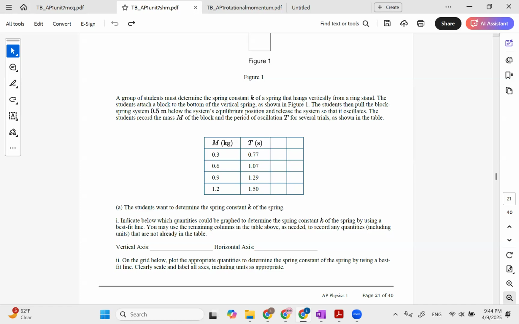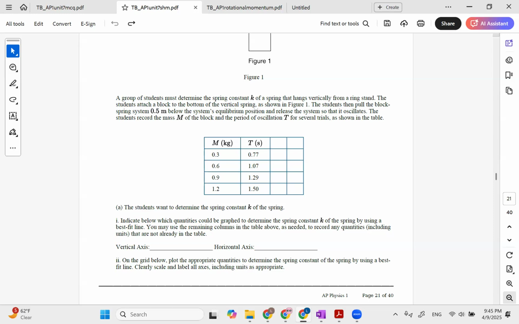What is on the y-axis? So what is on the vertical axis and horizontal axis?